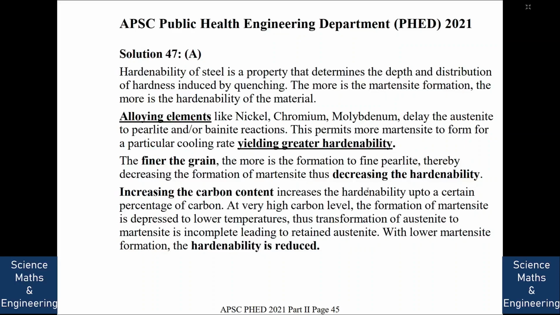So the transformation of austenite to martensite is incomplete. We do not have the full transformation of austenite to martensite, and we have retained austenite. So even at low temperature, austenite remains in its original form. As less martensite is formed, hardenability is reduced. So our answer is alloying element.